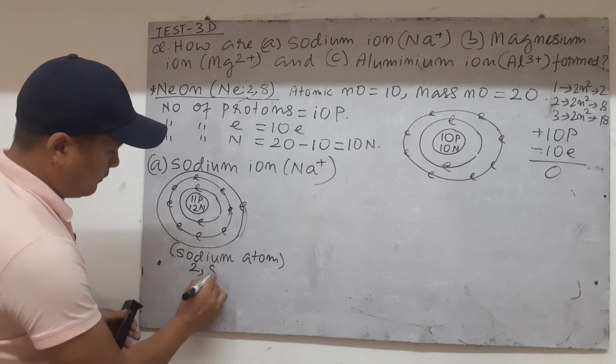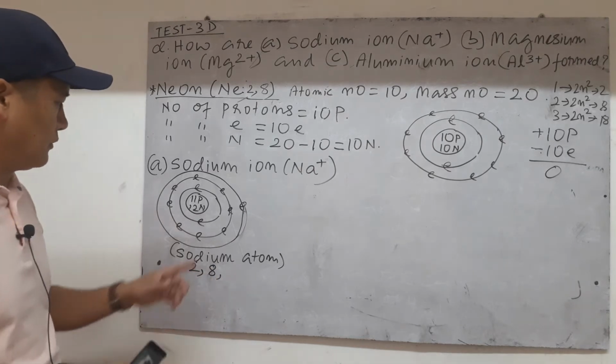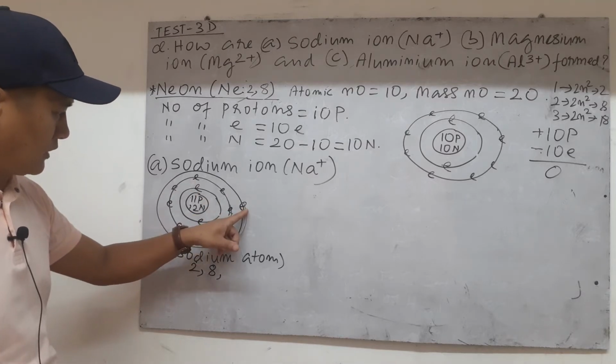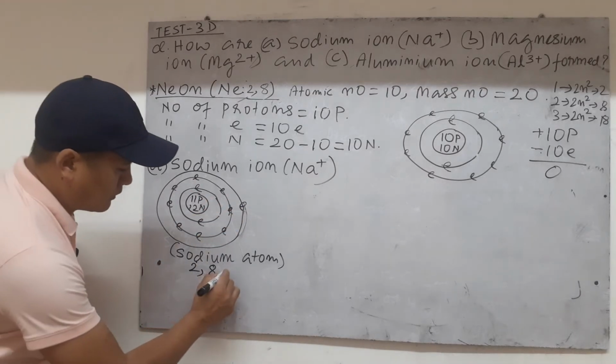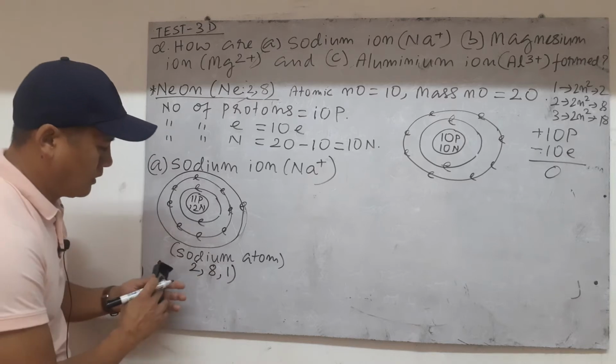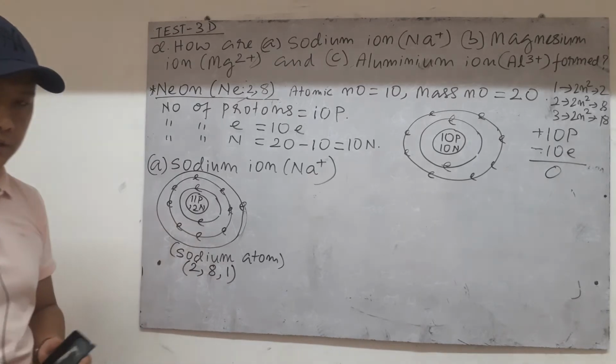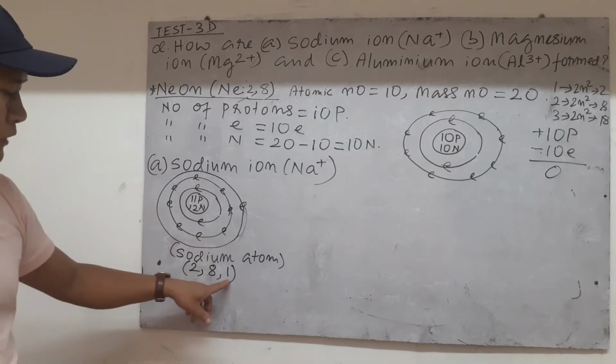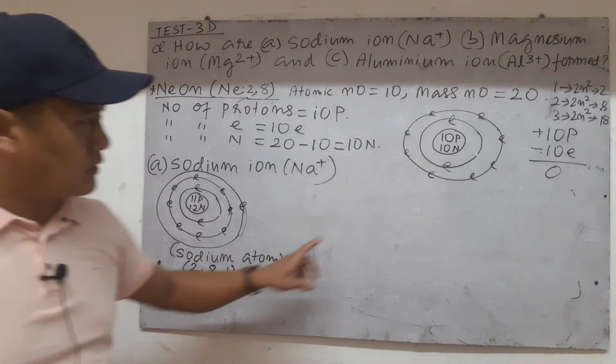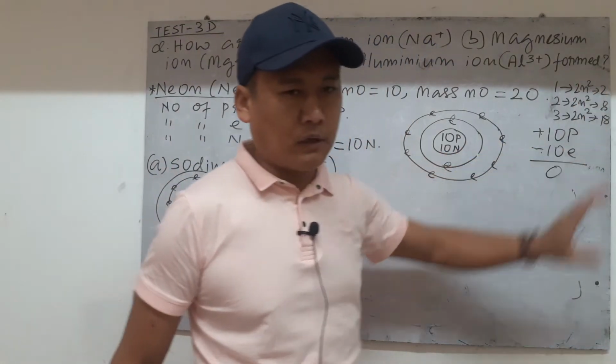And it's not perfect because it has 11 electrons, because there are 11 protons, 11 electrons, and one has to go to the third orbit. That's why 2, 8, 1. And it's not perfect because in the third, the perfect is 18, right?